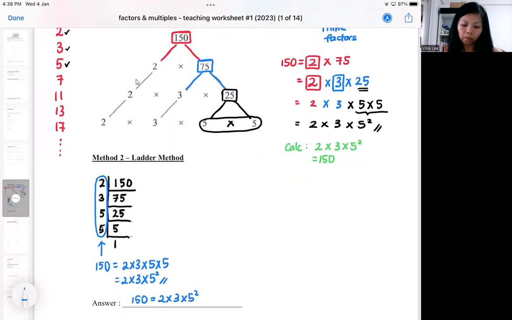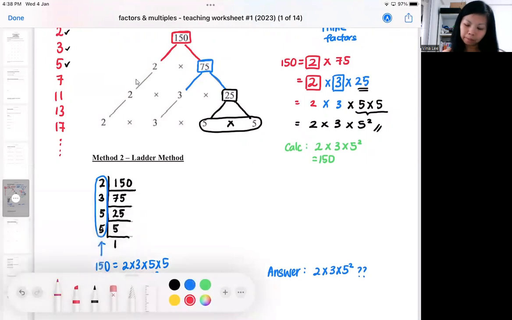When you answer the question, you don't just write something like this, because if you just write like this, then I will have a question mark: what is this for? This is actually for 150.